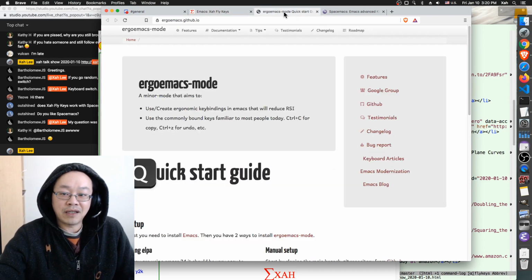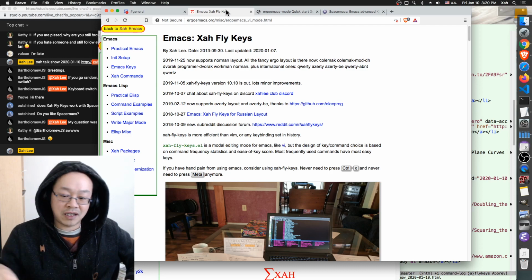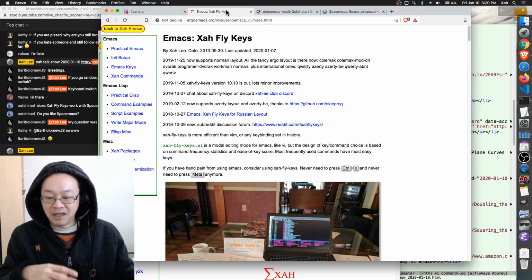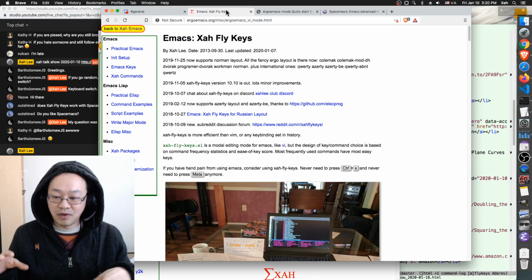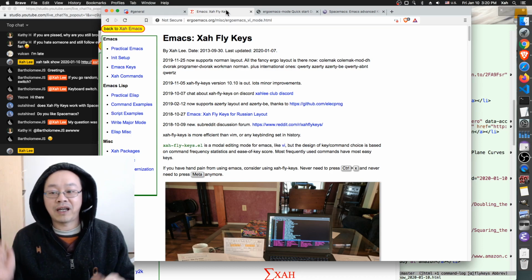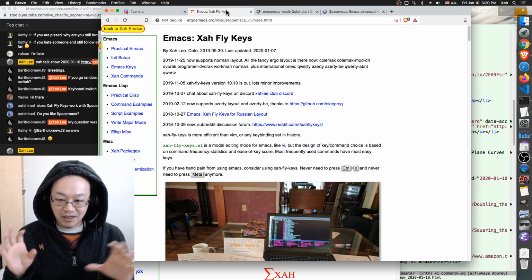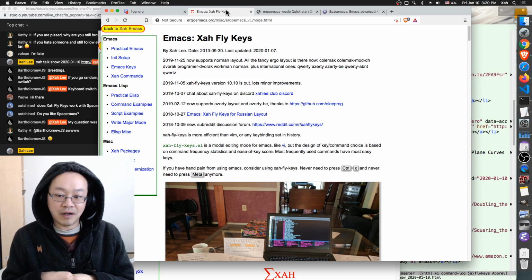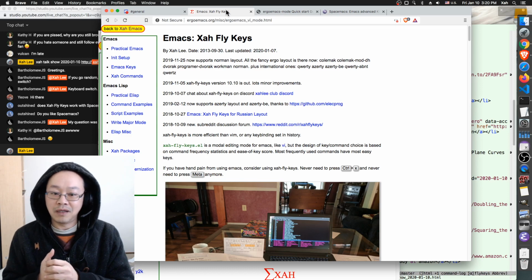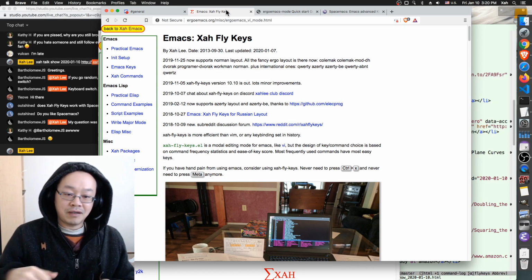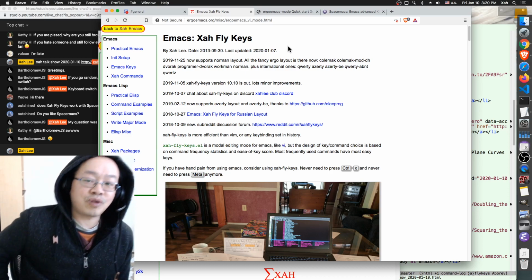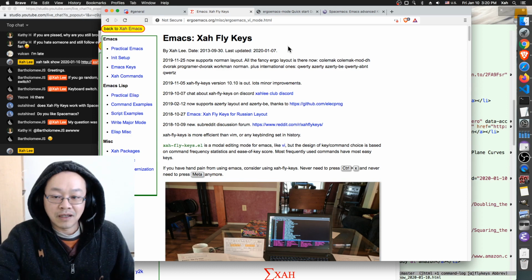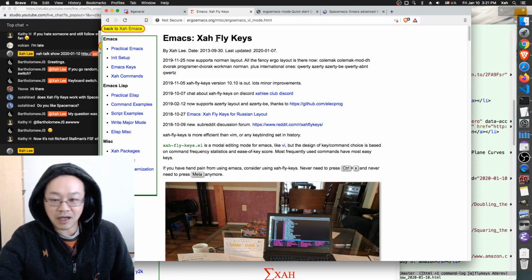Rather, because I was using another keyboard, a Kinesis, and I still have hand pain, so I started to work on modal, like Vim, like Evil mode. The way of the modal is actually more efficient. You'll save like 10 to 20% keystrokes. So I started to work on that, which eventually became xah-fly-keys.